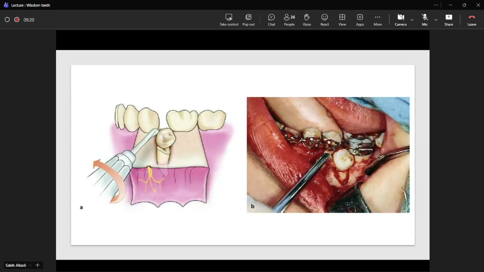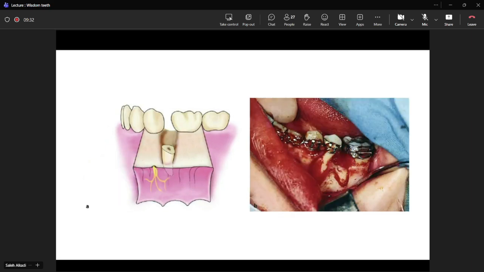The trick here is that you need to create enough of a bony window in order to remove the crown outside the jawbone. After removal of the crown, you still have the roots in there. You can create a purchase point in the root structure using a round burr in order to apply your elevator and elevate the tooth.